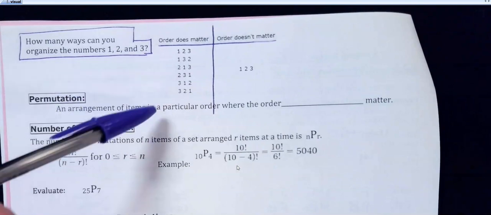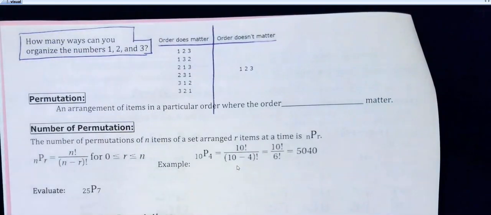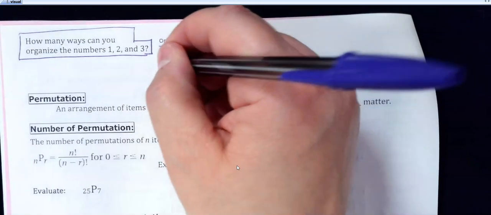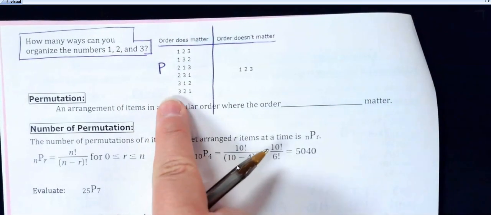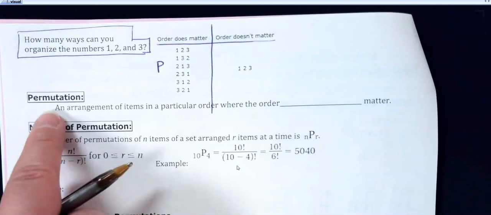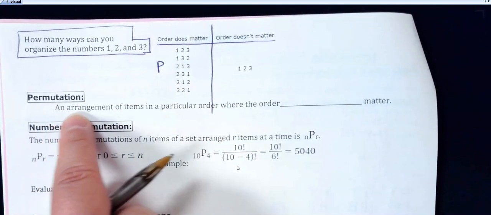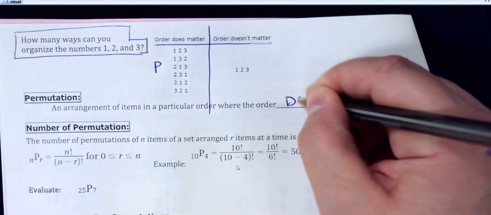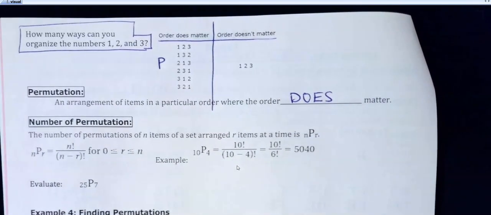There'd be 6 different ways that I could organize 3 numbers if the order mattered. If the order matters, I'm just going to put a P here. That is what we call a permutation. Right underneath here, a permutation is an arrangement of items in a particular order where the order does matter. So in that situation, I would have 6 different ways.